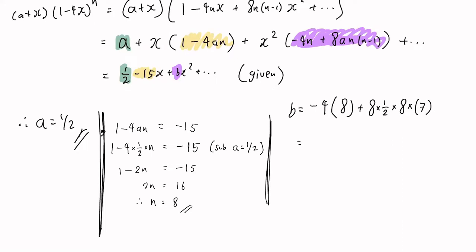Then just key inside your calculator. Minus 4 times 8 plus 8 times half times 8 times 7. 192. Okay.